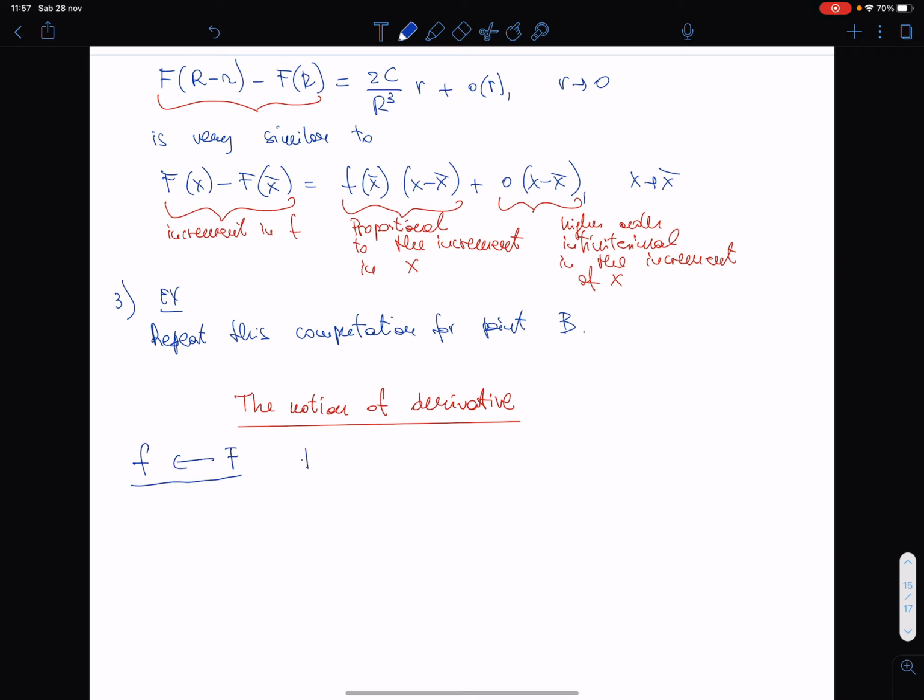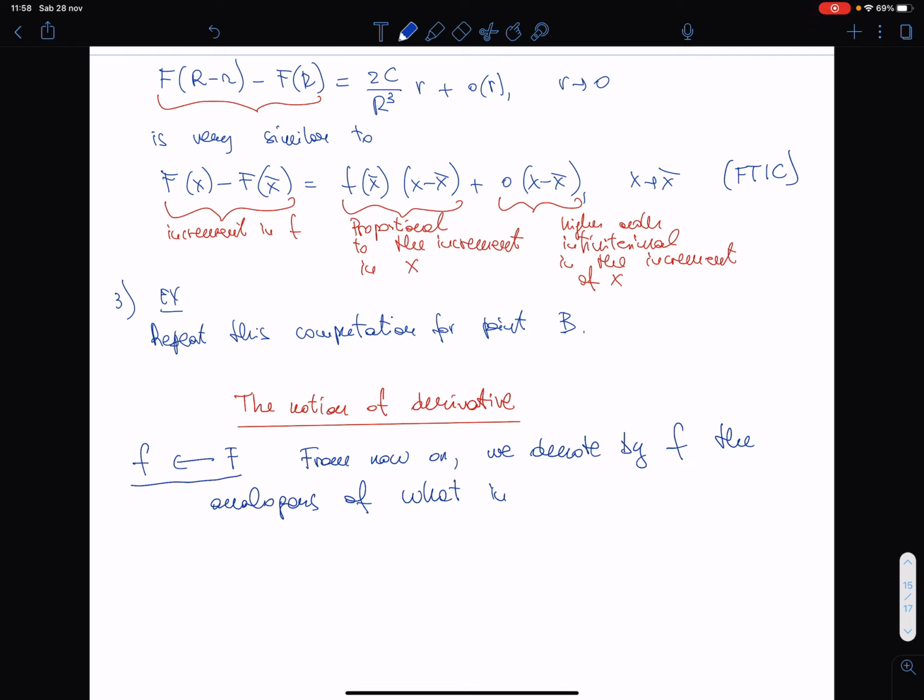So from now on, we denote by f, small f, the analogous of what, in the fundamental theorem of the integral calculus, is capital F, okay?